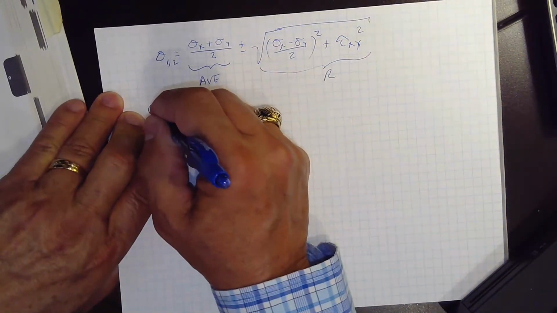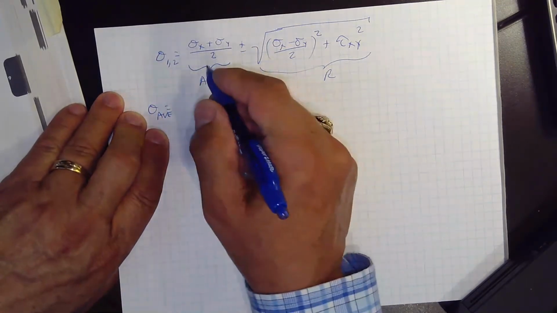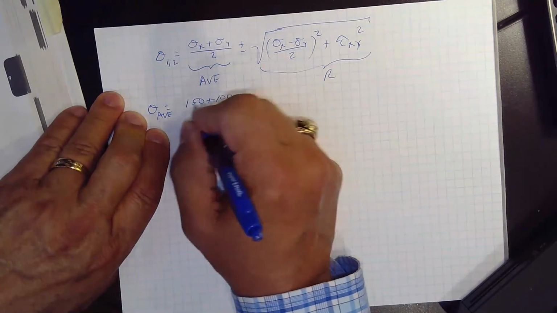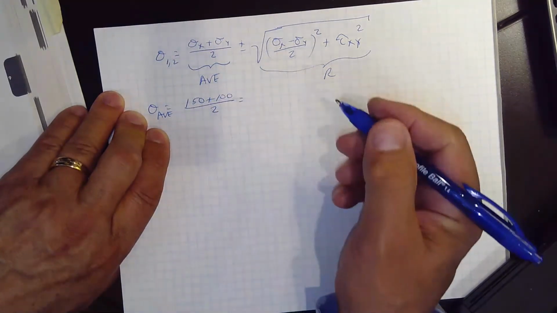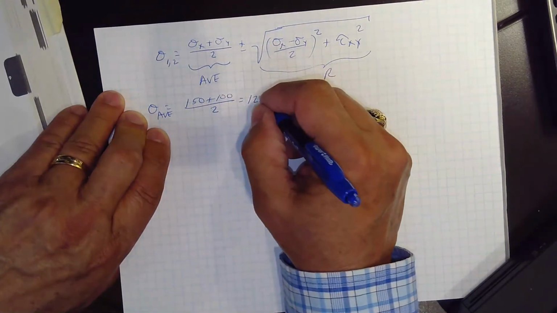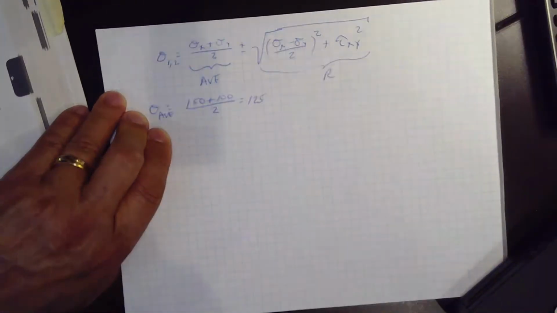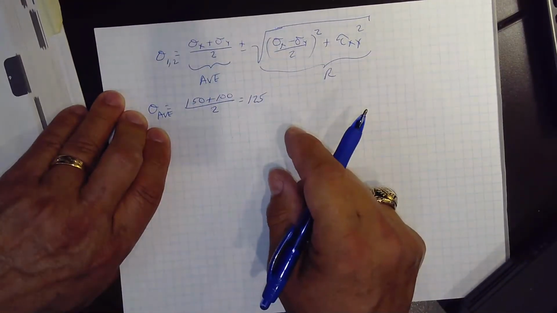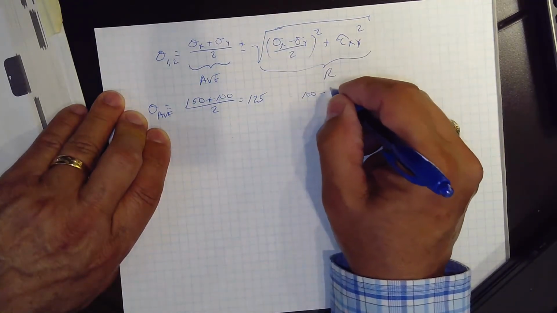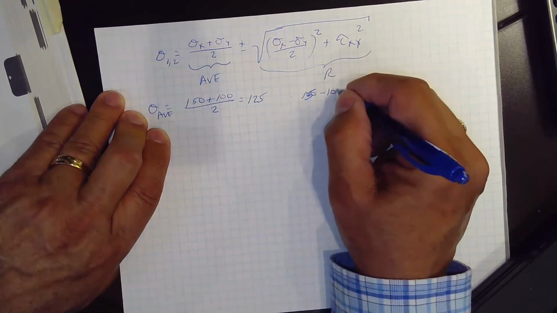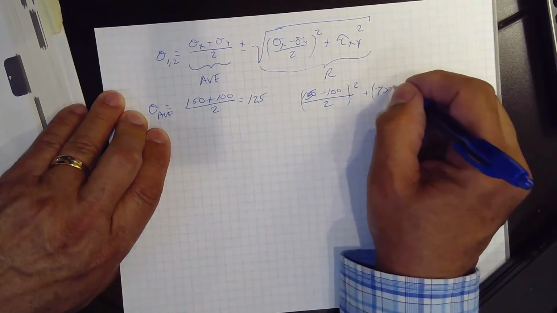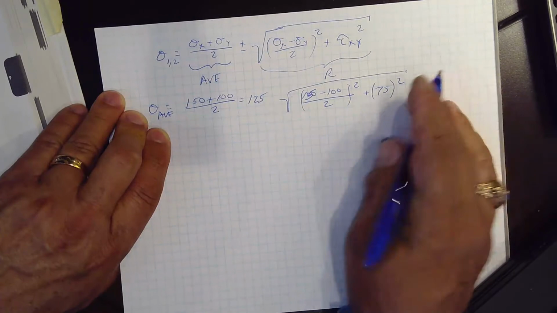So the average, sigma average, is just going to be equal to 150 plus 100 over 2, which is equal to 250 over 2, which is 125, right? These are all MPa. And the radius in here is going to be the square root of 150 minus 100 over 2 squared plus 75 squared.